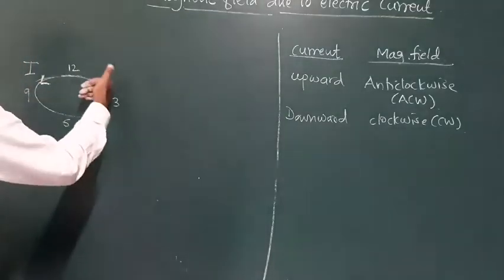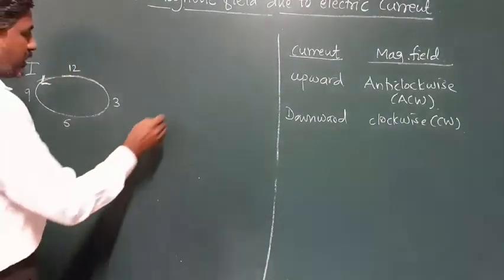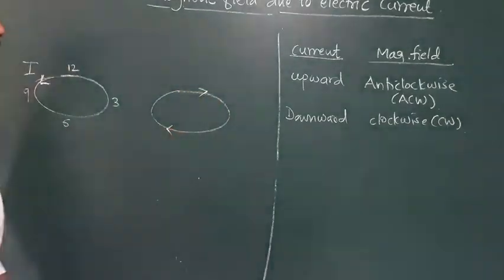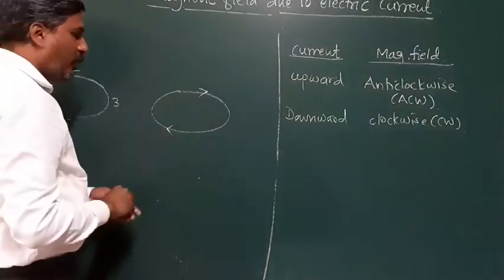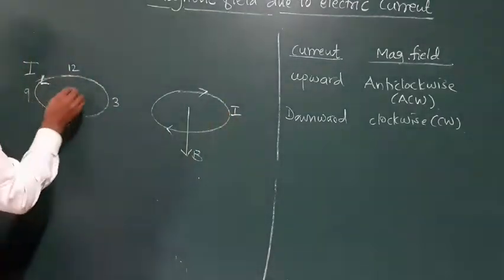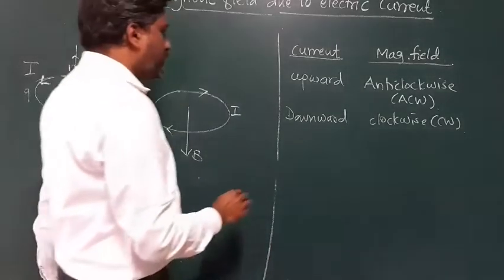So the curled finger shows the current in this way, then the magnetic field is in upward direction. If the current is flowing in clockwise sense, then the magnetic field is in downward direction. So this is my magnetic field, this is current, this is current, this is my magnetic field. So I am writing the same thing here.